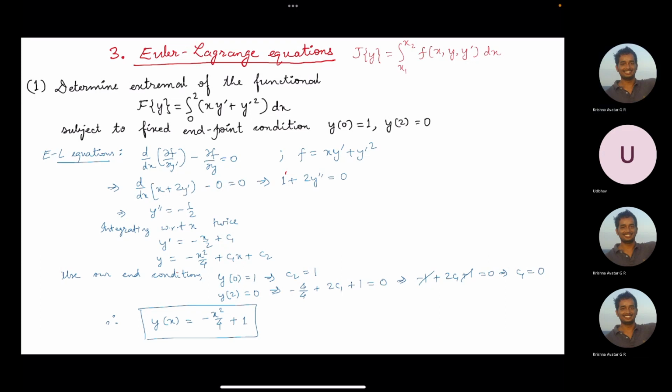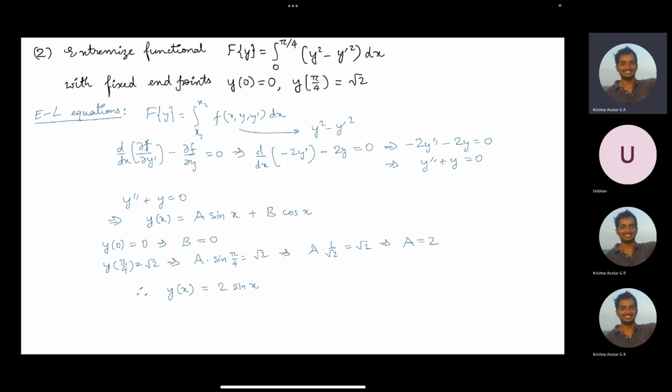Okay. Now let's move to solving the second problem, which is extremizing the functional F of y equal to the integral from 0 to pi by 4 of y squared minus y prime squared dx, with fixed end conditions y of 0 is equal to 0 and y of pi by 4 is equal to root 2.